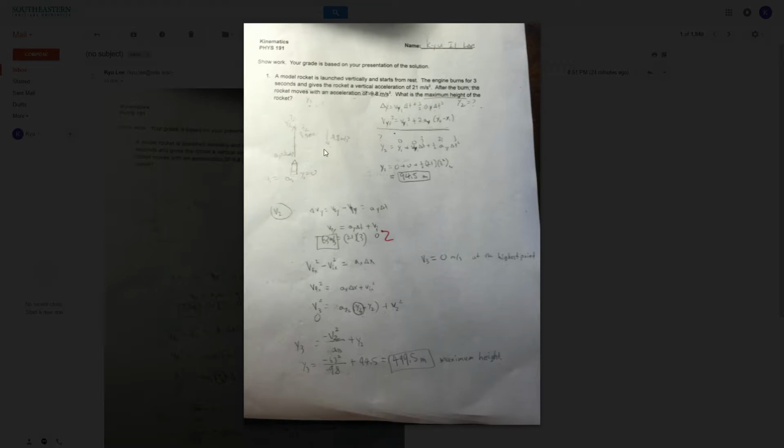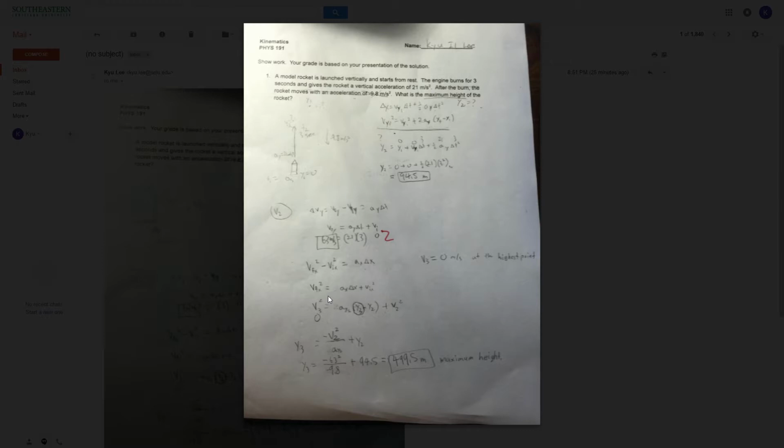So we don't know the time from y2 to y3, so I used this equation, delta v squared, which is final velocity squared minus initial velocity squared equals acceleration times delta x. And when you add the initial velocity to both sides, it becomes final velocity squared equals acceleration times delta x plus initial velocity squared.